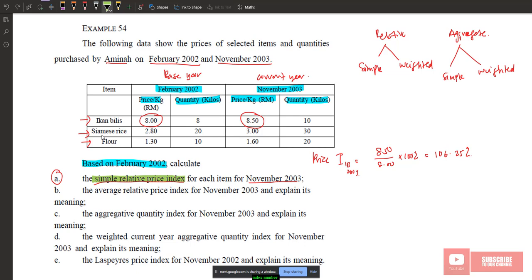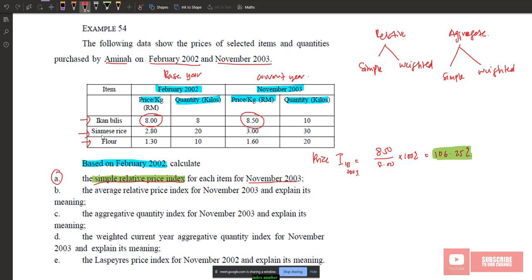If the price index is more than 100%, which is 106 as we got this one, it means that the price is increased by 6.25% in 2003 compared to 2002. If the price index is less than 100%, it means that the price is decreased in 2003 compared to 2002, right?